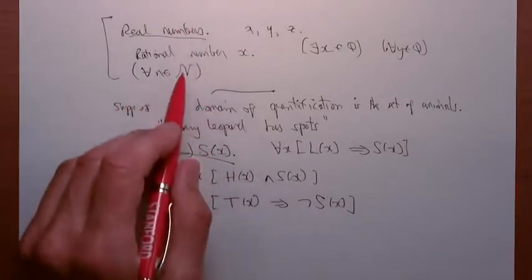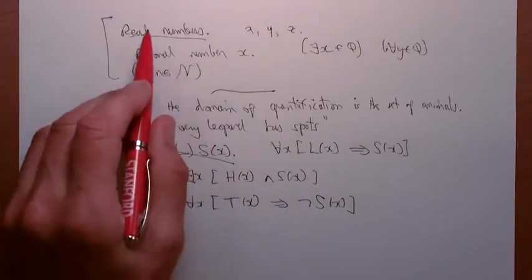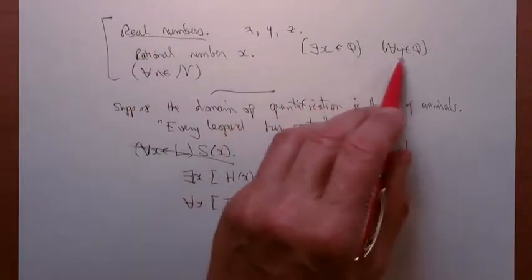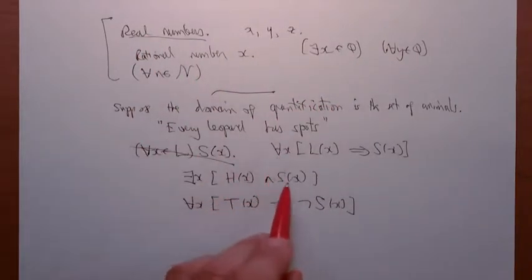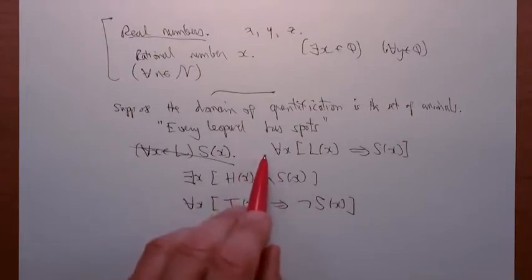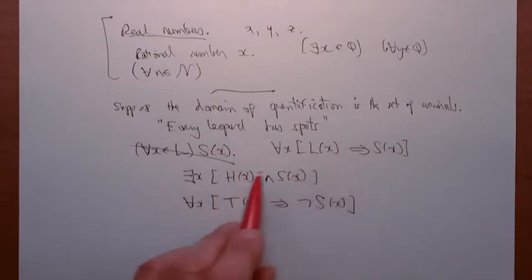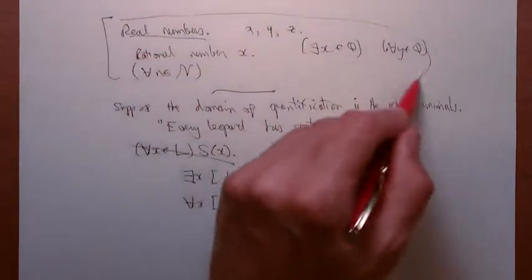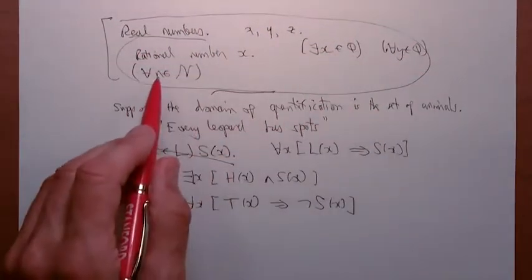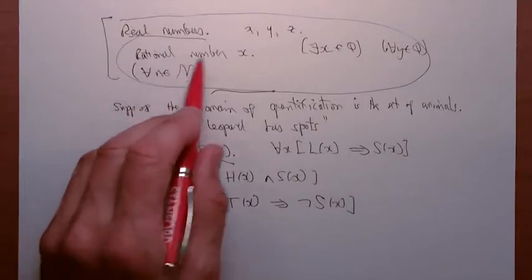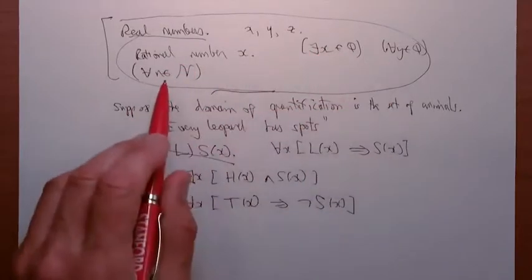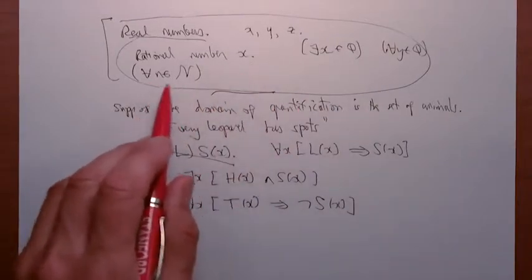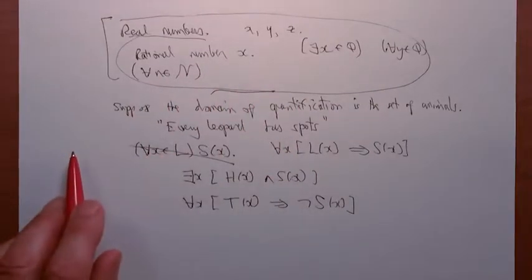But in this kind of situation, yes, if you're talking just about real numbers, then you really don't want to be introducing particular subdomains. You should use the analogue of these kinds of expressions and talk about if it's a rational then this, if it's a natural number then this. But if this is really a discussion about all numbers, not just the real numbers, then these are just particular categories of real numbers and natural numbers and so forth. And you can have subdomains. You can have different domains of quantification.